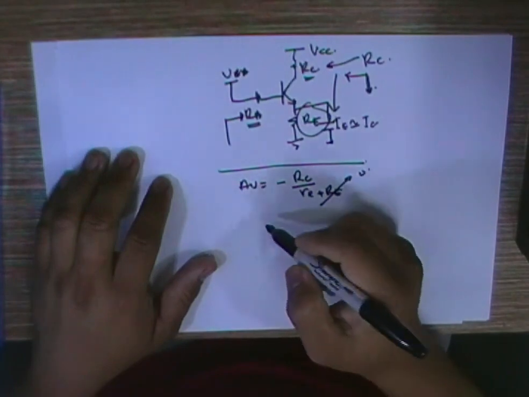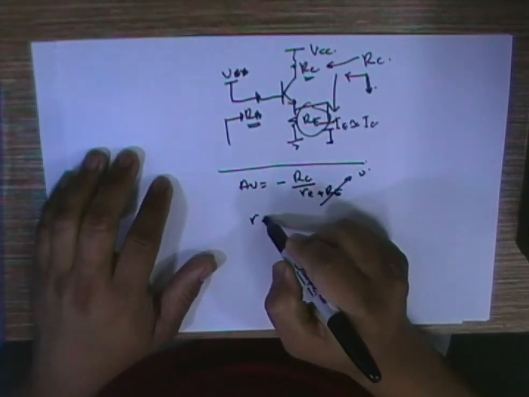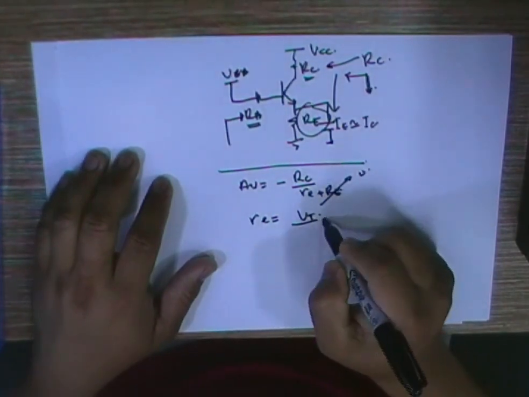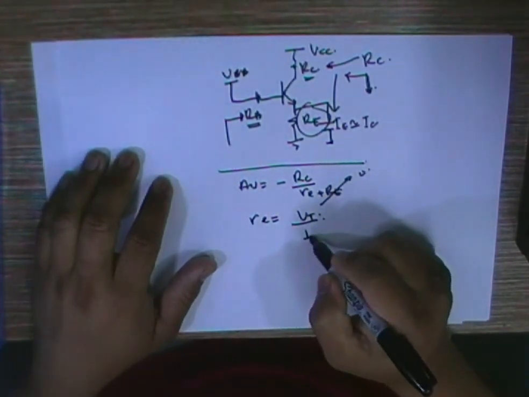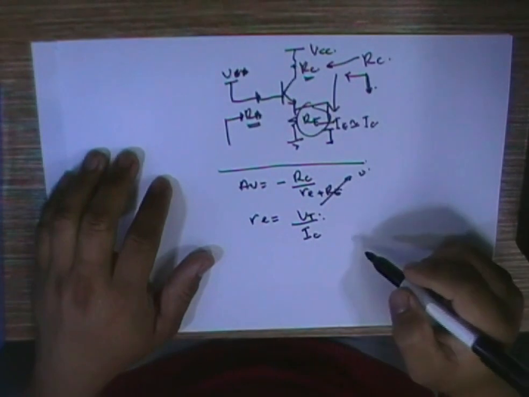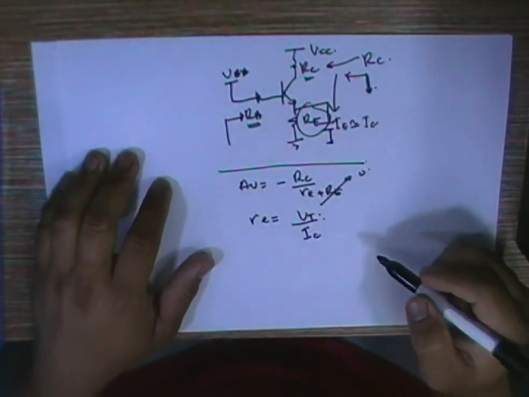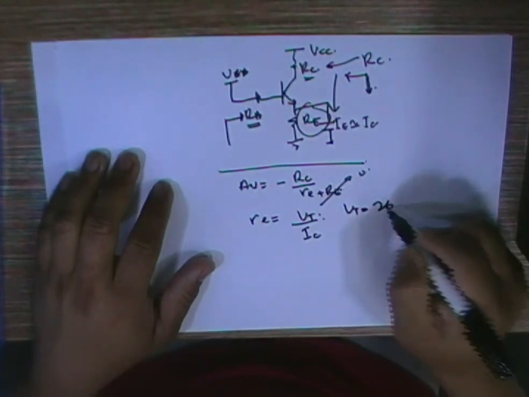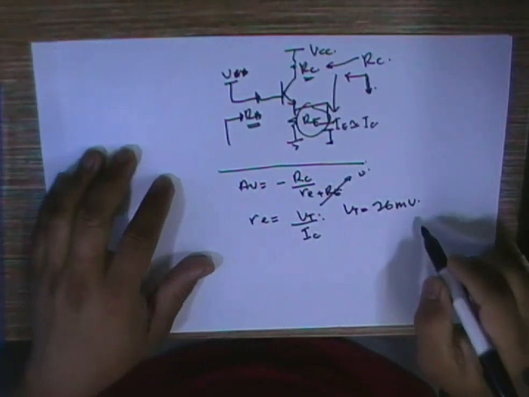And you know that your re is the thermal voltage over IC. Typically VT is around 26 millivolt at room temperature.